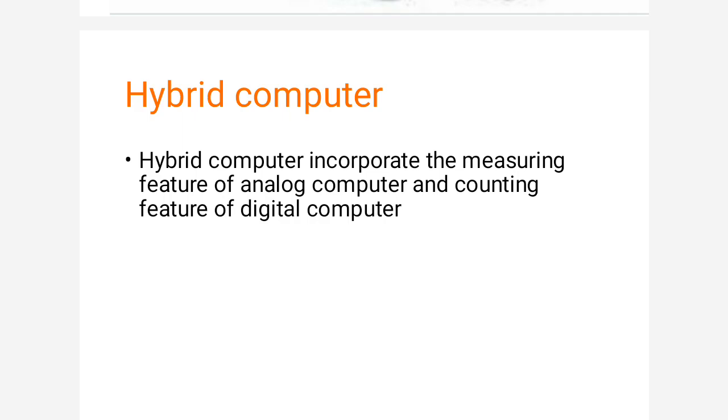So let us recall what we learned in this video. We can classify computers mainly in two ways: based on the purpose, and based on how the data is being handled. Based on purpose, we have general purpose and specific purpose computers.